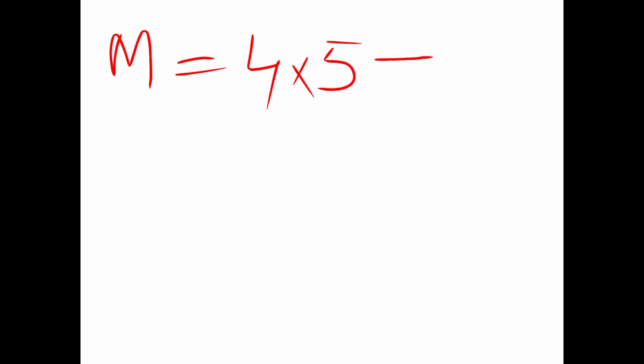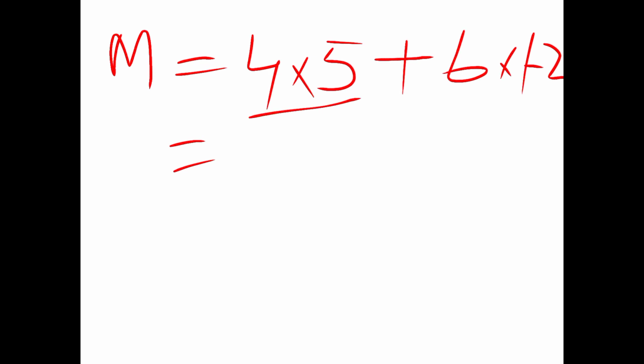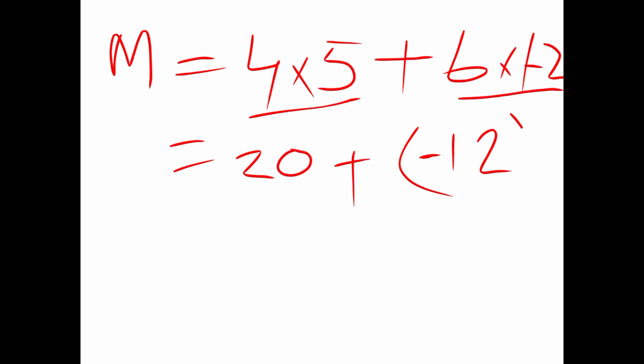And 6 are incorrect, and for every incorrect answer negative 2 marks are given. So his score will be 4 fives are 20 plus 6 twos are 12. It will be negative 12, right?